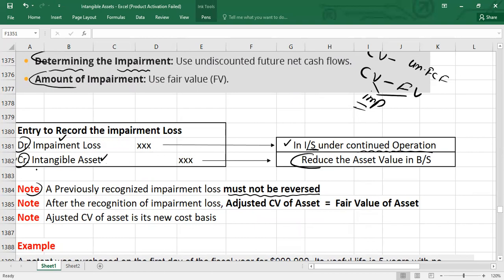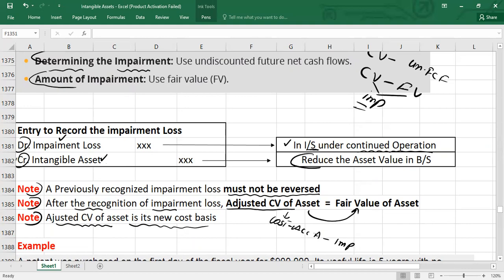Second note: after recognition of the impairment loss, your adjusted carrying value, meaning cost of asset minus accumulated amortization minus impairment loss, should equal the fair value of the asset, and this is what I will prove. Note number three: your adjusted carrying value of the asset will be the new cost basis for the remaining period, and it should be amortized in the future periods.